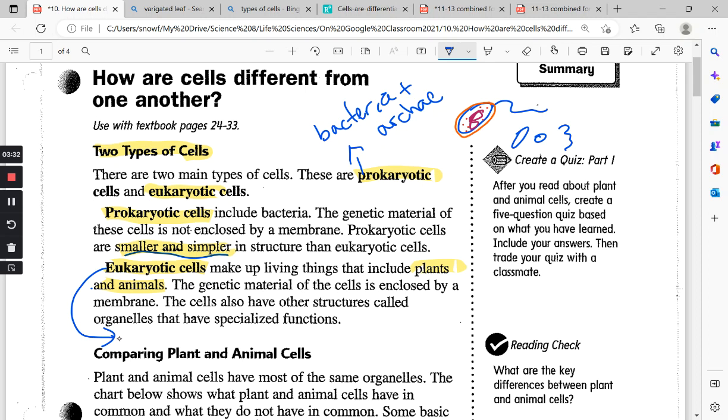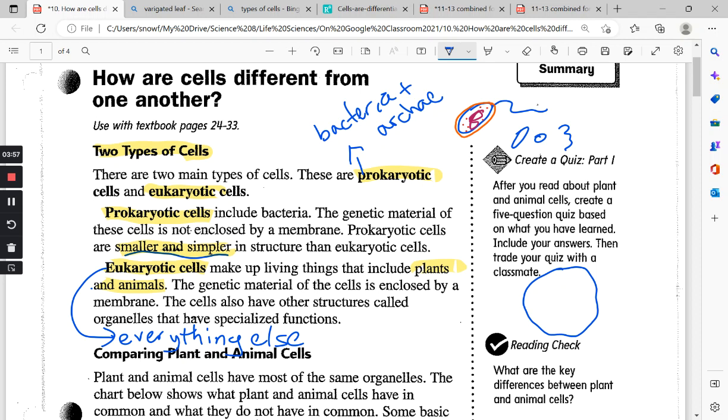So that's what we're going to write down right here. Everything else. Okay, so we're going to draw a sketch of one of these eukaryotic cells, an example of what an animal cell might look like. Don't worry if your sketch isn't that nice looking.